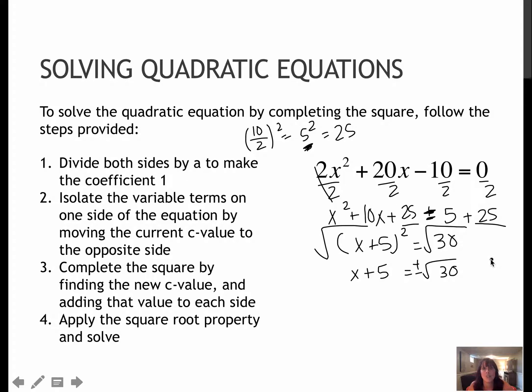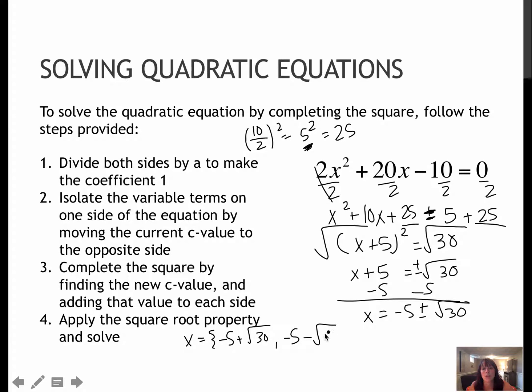I could break it into 5 and 6, but neither are perfect squares. 3 and 10, neither are perfect squares. So then of course I'll just subtract that 5 to leave me with x equals negative 5 plus or minus radical 30. Again, if they want you to write it as 2 solutions, then you would write negative 5 plus radical 30 and negative 5 minus radical 30.